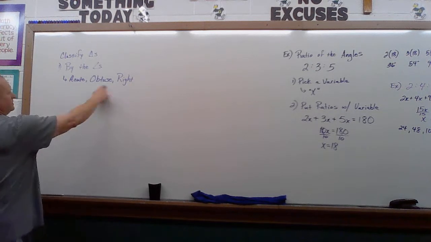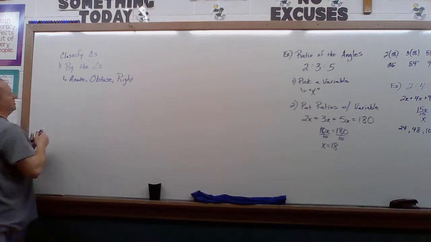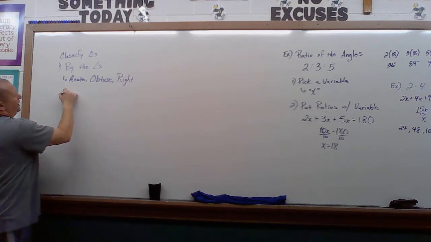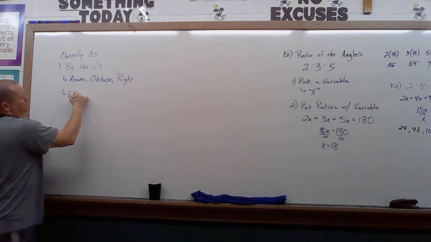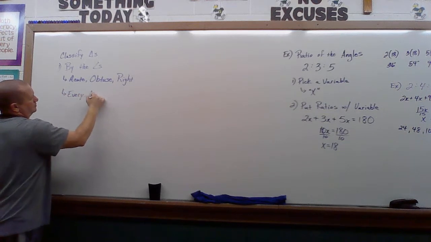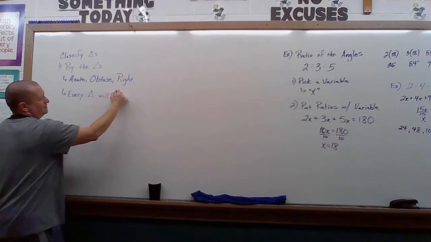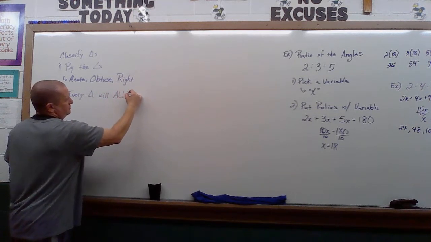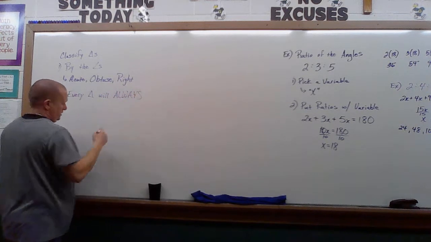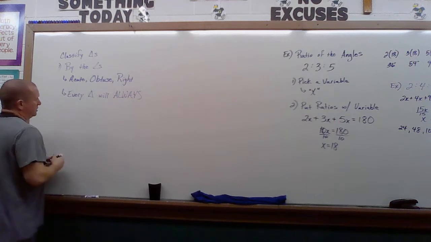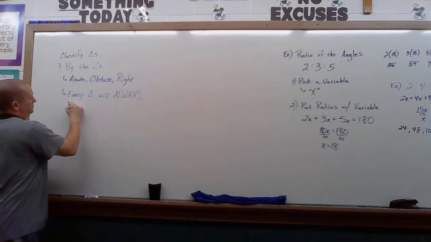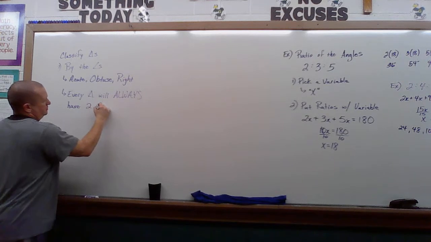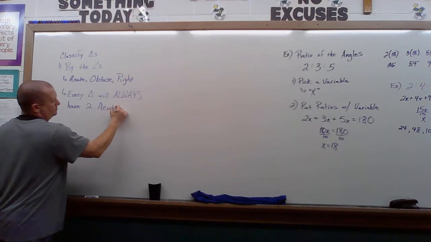So keep this in mind, we'll come back to that in just a second, but the way that you've got to think about it is that every triangle will always have 2 acute angles.